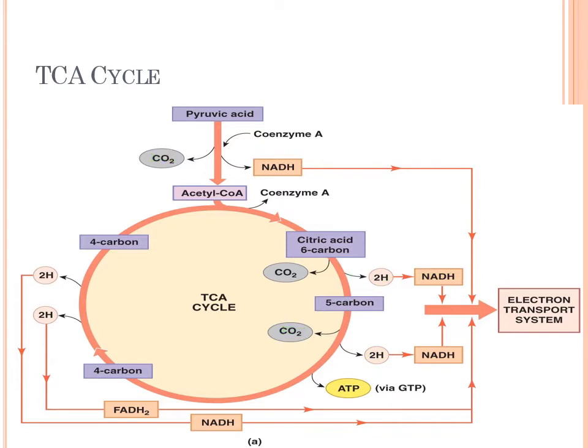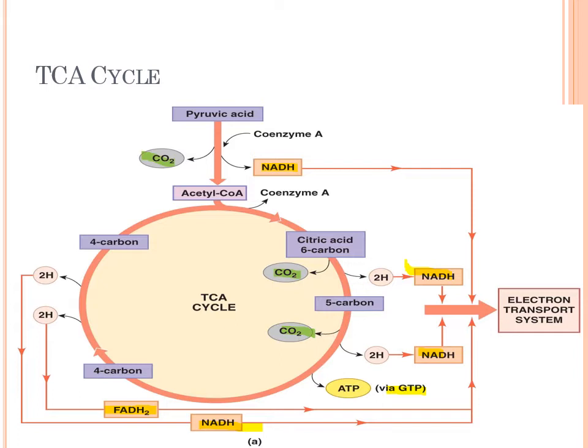All right, so each cycle creates 3 carbon dioxide, 1, 2, 3, creates 3 water molecules, which we don't see on here, but it does happen, creates 4 NADH, 1, 2, 3, 4, creates 1 FADH2, and then 1 GTP, which converts to an ATP.